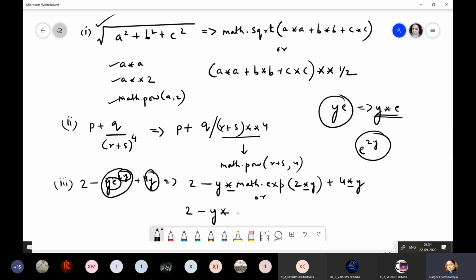Now I can also write it like this. Math dot e raised to the power 2 multiplied by y plus 4 multiplied by y. I'm using the constant e over here. So y into constant e raised to the power 2 multiplied by y. Or this same thing I can write as, wait, I'm just going to remove some parts from here so that I can write.